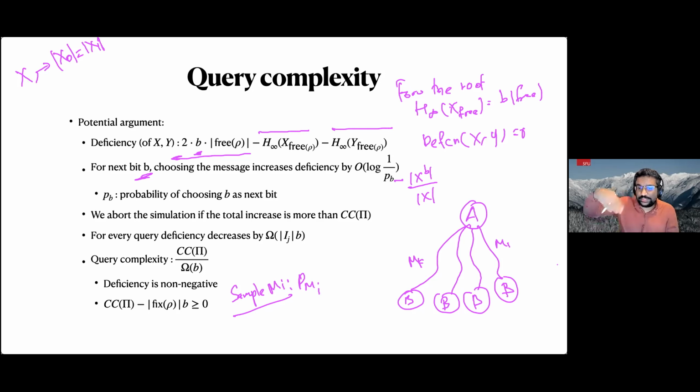So this would increase the deficiency by 1. So if they're splitting information evenly, that's like they're sending 1 bit of information in every round, and then the deficiency would increase by that much.